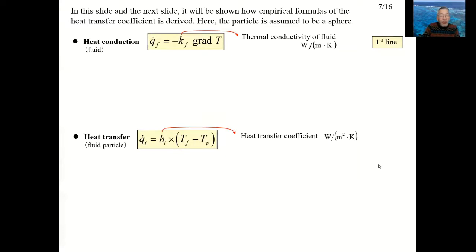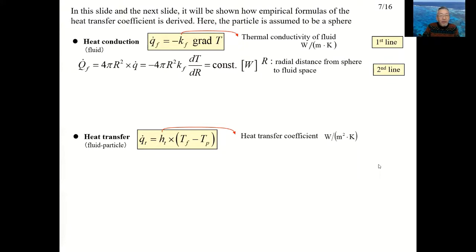In this slide and next slide, I will show how empirical formulas of heat transfer coefficient Ht are derived. It is assumed that the particle is a sphere with a diameter d. See the definition of heat conduction and heat transfer. Multiplying the small qf dot by the area of the sphere surrounding the particle gives the large Qf dot as shown on the second line.